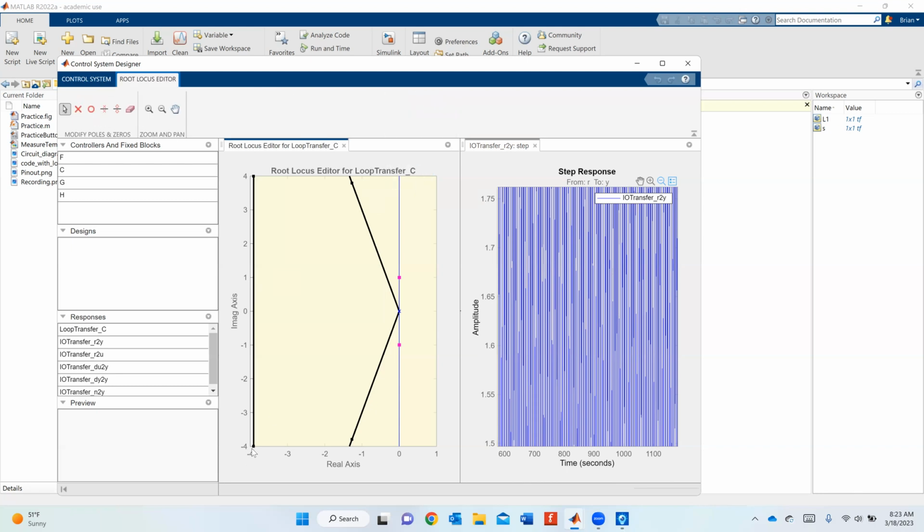So basically here, what we're going to tell is that we need to have our graphs so that we can satisfy both conditions. And so what we're going to see basically in the root locus plot here is we have to pick to the left of -4, it looks like.